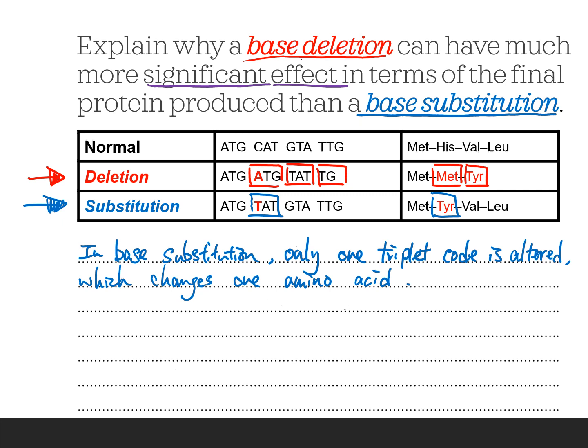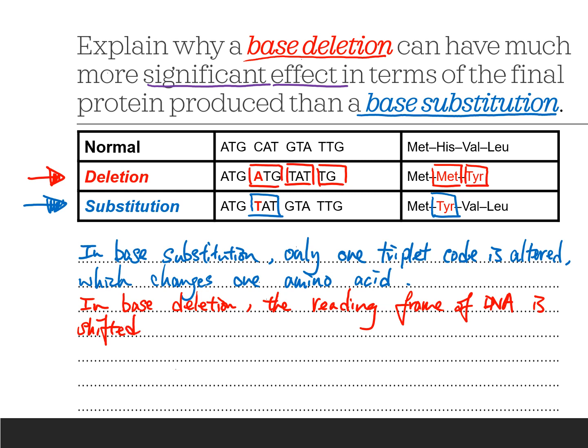So therefore, in a base deletion, the reading frame of DNA is shifted, which leads to a change in the amino acid sequence after the point of mutation.